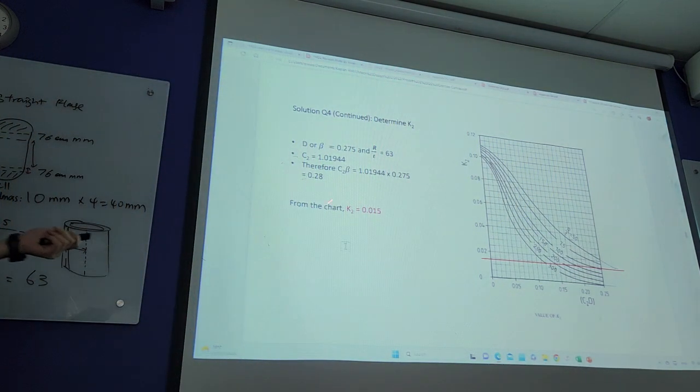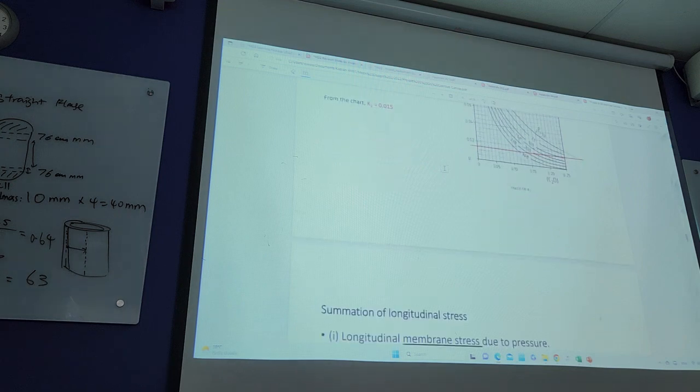But I believe when you do your project, the value should be lower than this. So you can use the chart and plot. By looking at this, the line here for K2 is about 0.015.